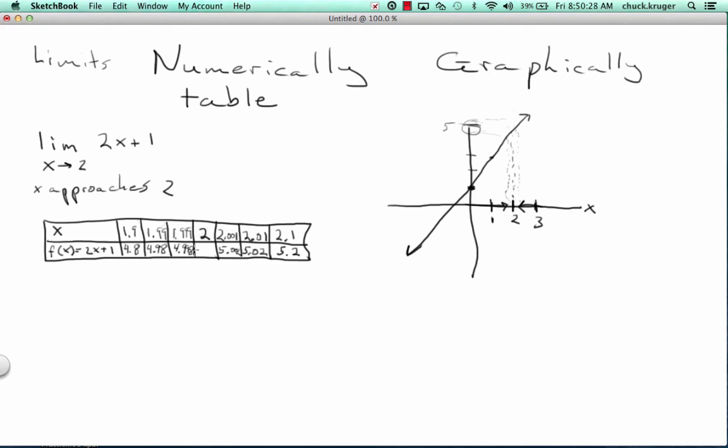The definition of a limit is what value am I approaching as I approach this constant x from both the left side and the right side. And you can see these values are getting very close to 5, and my answer here is 5. When we take a look at the next problem, hopefully it will illustrate that we get the same type of answer even though our graph looks slightly different.